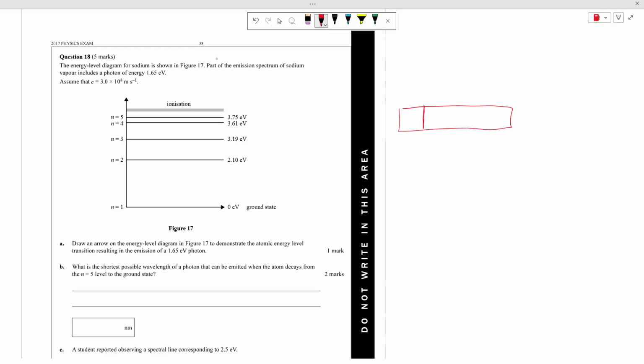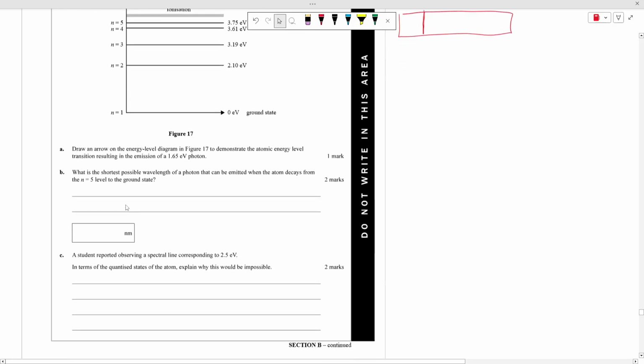And that line corresponds to 1.65 electron volts of energy. Okay, well, that's what the frequency or the wavelength of that particular light has in terms of its energy. Assume that c equals 3 times 10 to the 8. Here's your energy level diagram, okay, for sodium.